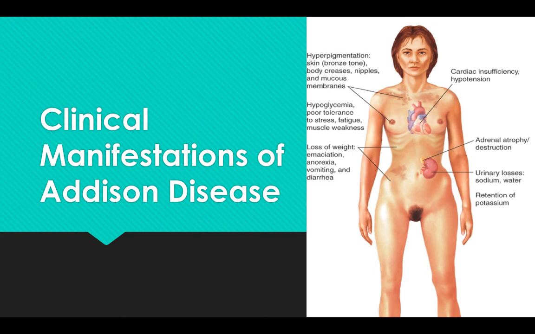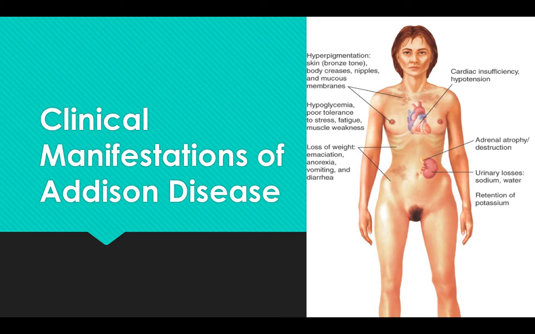In order to diagnose Addison's disease, we look for corticotropin levels to distinguish if it's primary, and these levels would be very high. If it's secondary, these levels would be low. So that tells us whether we're dealing with a primary adrenal gland issue or there's some other cause that we need to take care of.